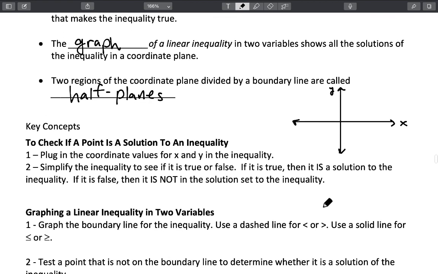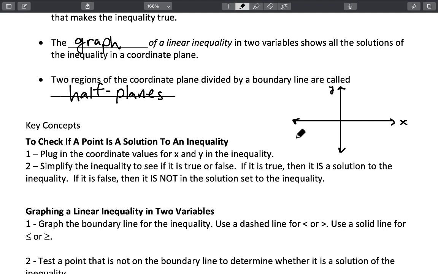So when we graph a linear inequality, we're going to start off by graphing a line, and this is going to be known as the boundary line. For example, over here in our xy plane, let's just say we have our boundary line, and then the inequality will mean that there are going to be many solutions, and that solution set will be shaded.